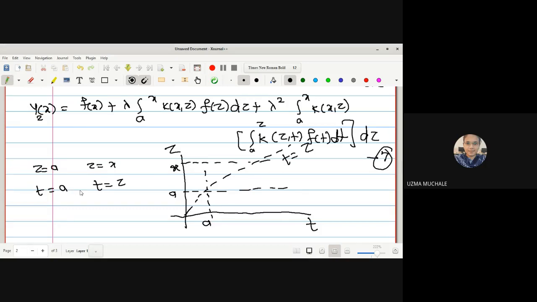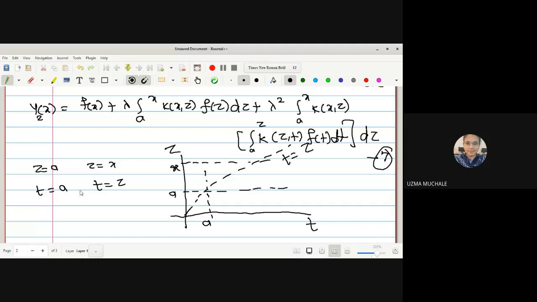Now can anyone tell me how to change the limits of integration which we have done in BSc? Don't remember, ma'am. Anyone else remembering how to change?